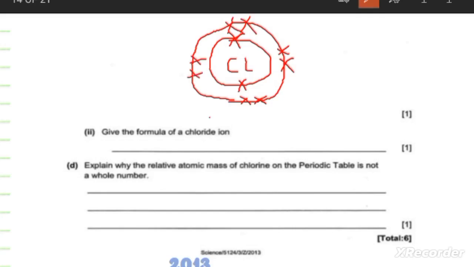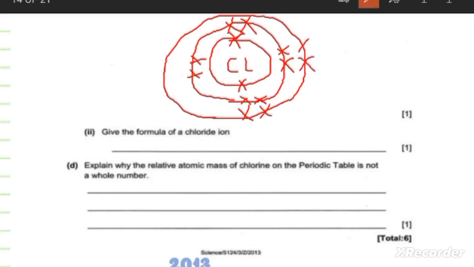Then the last 7 electrons are found in the last shell. And this last shell is called the outermost shell. As we can see, we have 7 electrons in the outermost shell.